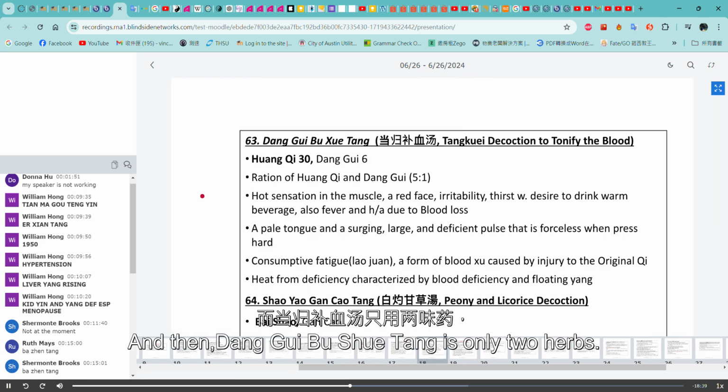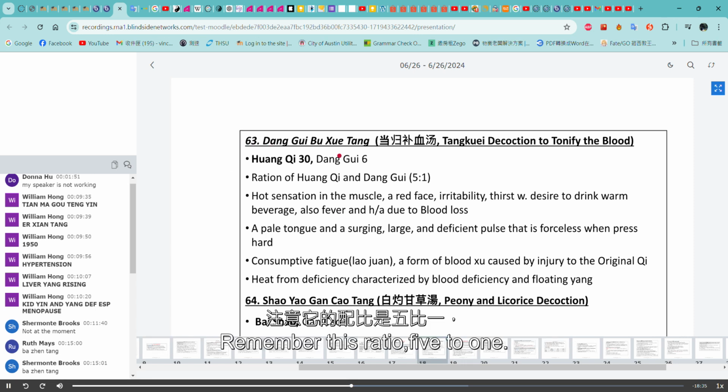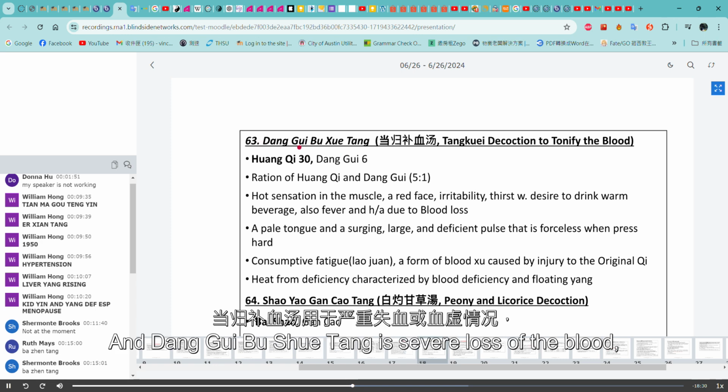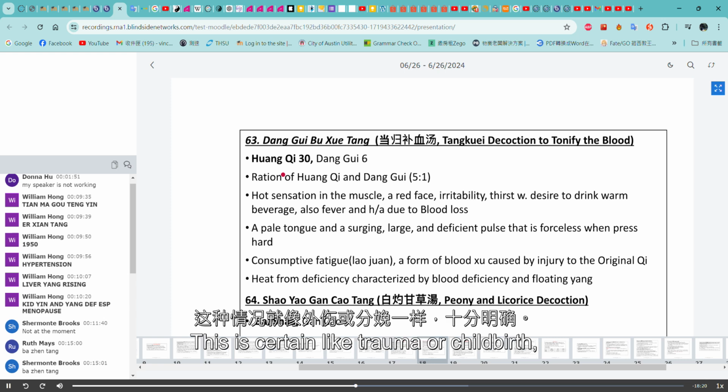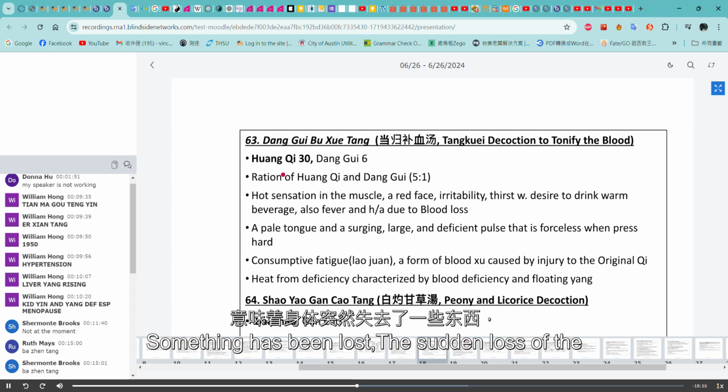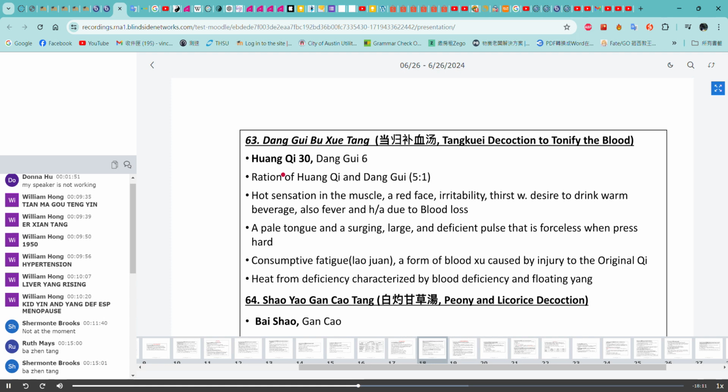And Dang Gui Bu Xue Tang has only two herbs. Now remember this ratio, 5:1. Dang Gui Bu Xue Tang is for severe loss of blood, not just liver blood deficiency due to menstrual bleeding. This is something like trauma or childbirth, something happened, a sudden loss of a large quantity of blood.